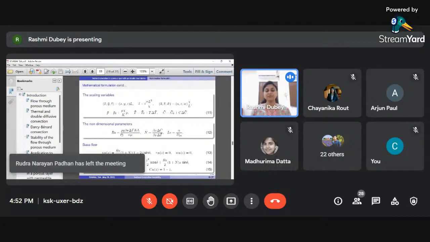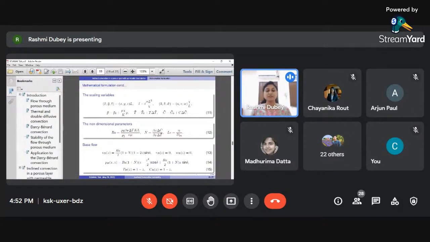Ra is the Rayleigh number, rather the Darcy Rayleigh number, which governs the convection inside the medium, and it is mathematically the temperature gradient across the two boundaries. N is the buoyancy ratio, the ratio of the buoyant force due to the concentration field to the buoyant force due to the thermal field. L is the Lewis number, which is the ratio of the thermal diffusivity to the solutal diffusivity.